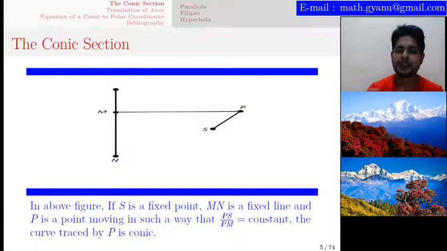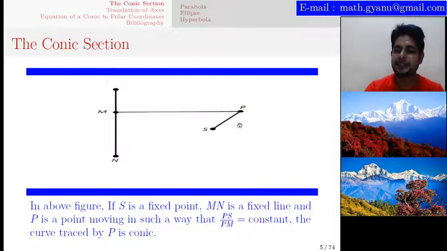In this picture, S is a fixed point and M is a fixed line. To define a conic, we consider P as the locus of a moving point.